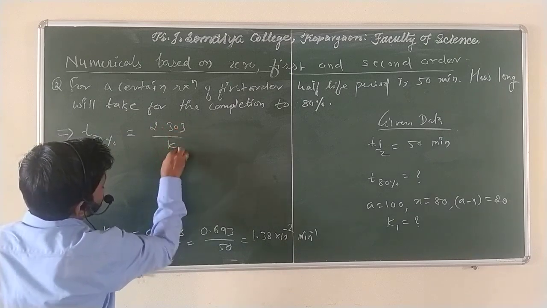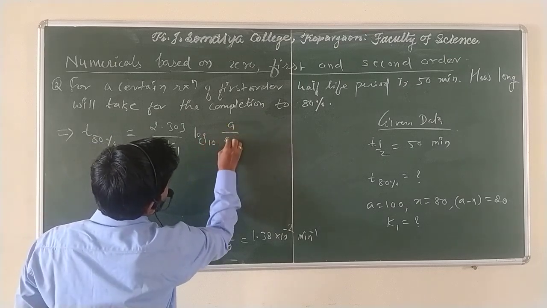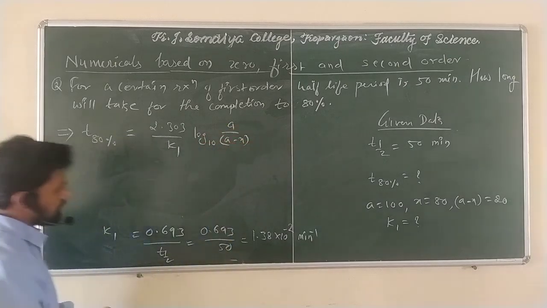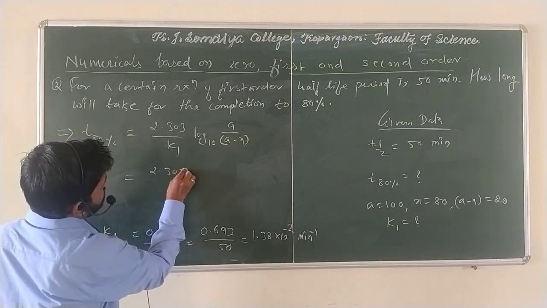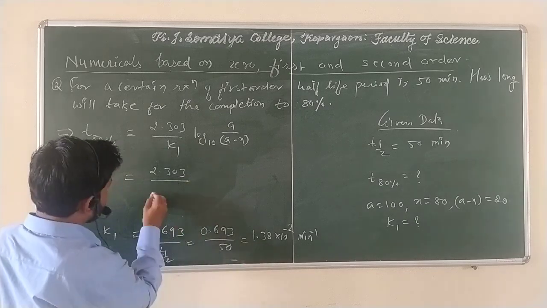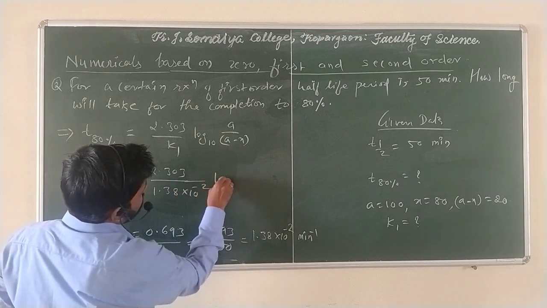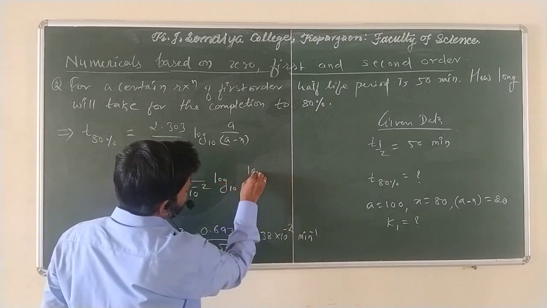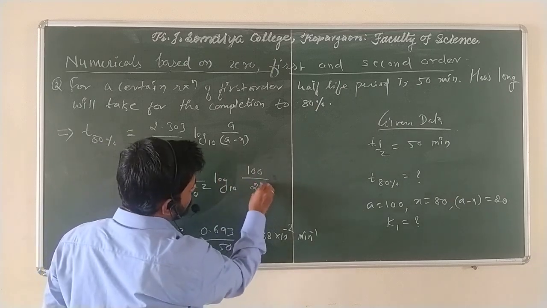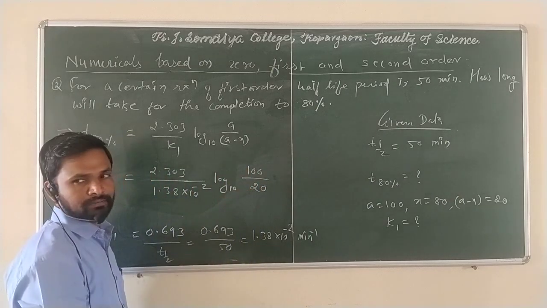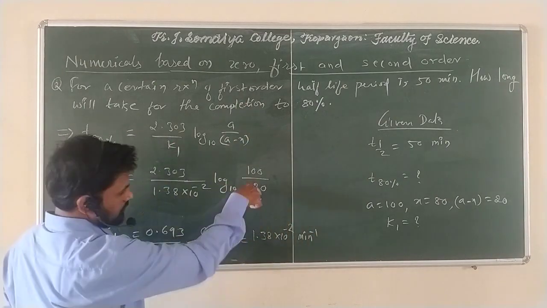After rearranging, T equals 2.303 upon K1 log 10 A upon A minus X. So 2.303, and K1 we already calculated: 1.38 into 10 raised to minus 2, log 10 of A, which is 100, upon A minus X. How much is A minus X? It's 20. How is it 20? It is the remaining concentration because 80% is completed. What remains in the reactant? 20.